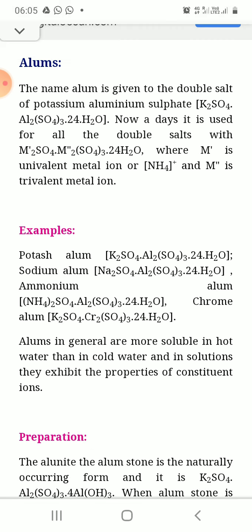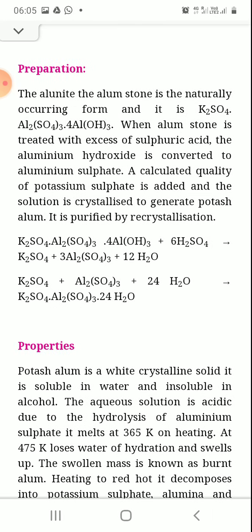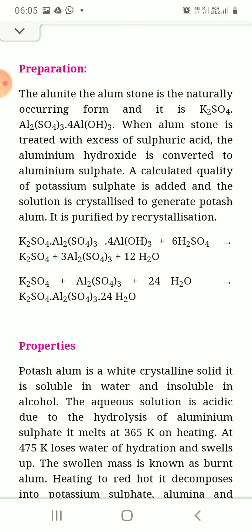So next we can study about the preparation of alums. The alunite, the alum stone, is the naturally occurring form, and it is K2SO4 Al2(SO4)3 4Al(OH)3.